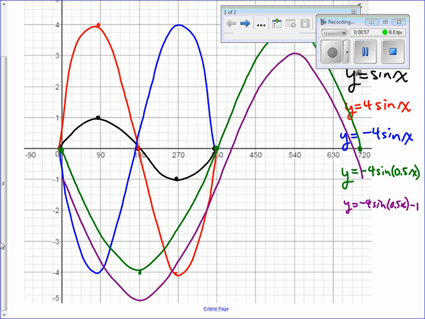So, going through all the steps, first of all, one, start with our original graph, y is equal to sine x. The next graph, we take a look at the amplitude. We stretch it vertically as much as we can. That's what the A value does. Then once we apply the -4 to the graph, it flips the graph. The 0.5 in -4 sine 0.5x is going to take the graph and stretch the curve horizontally.